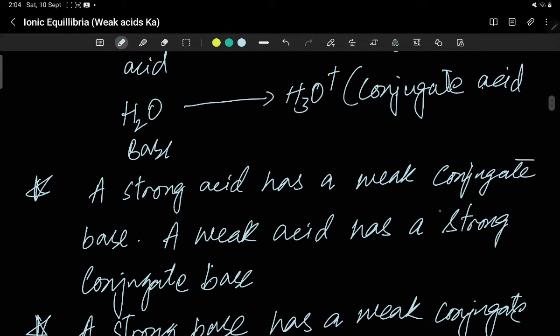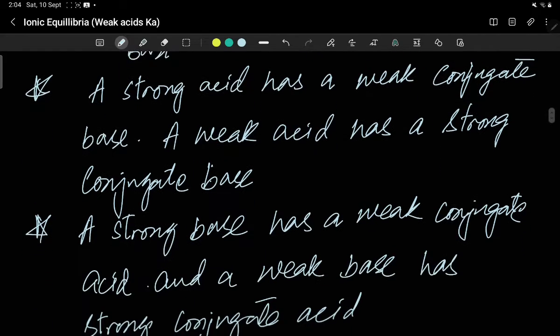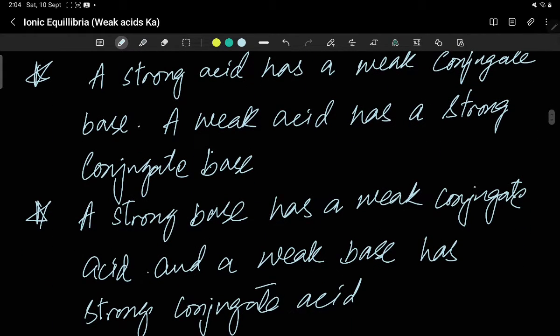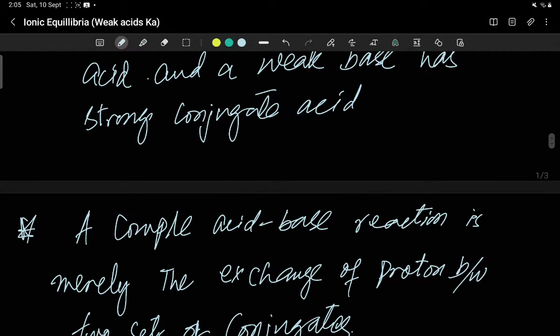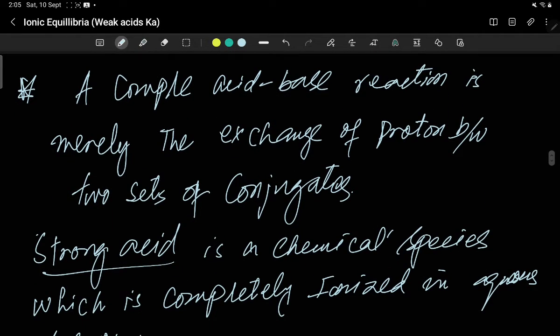A strong acid has a weak conjugate base. A weak acid has a strong conjugate base. Similarly, a strong base has a weak conjugate acid and a weak base has a strong conjugate acid. A complete acid-base reaction is merely the exchange of protons between the two sets of conjugates.